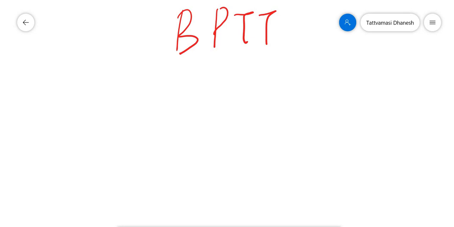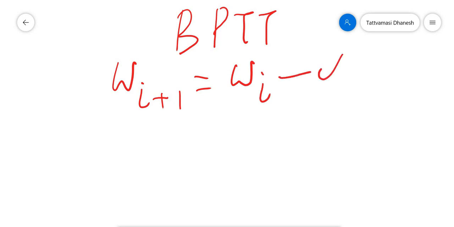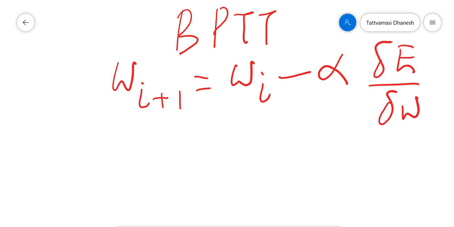Now, I am going to write some of the important equations in gradient descent and the backpropagation algorithm. The first equation you are familiar with, for weight, W of i plus 1 is equal to Wi minus alpha into dou E by dou W. This equation you know.